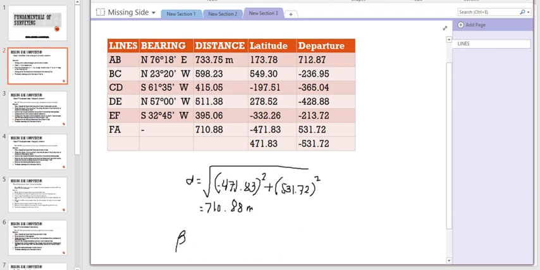And for the bearing, the bearing is equal to the inverse tangent of the departure over latitude.